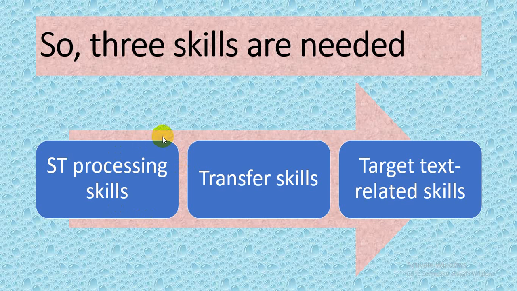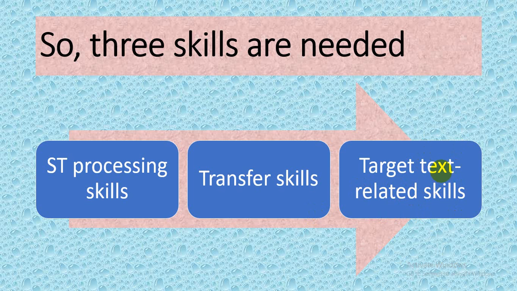And then you need to get some skills related to transferring, and we said we have 2 main skills. Number 1 is to choose your strategy, and number 2, to find the correct mode of translating your text. And then you are going to end up your text by enhancing the target text related skills.